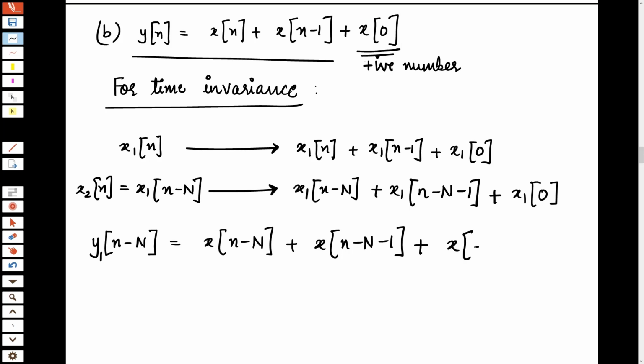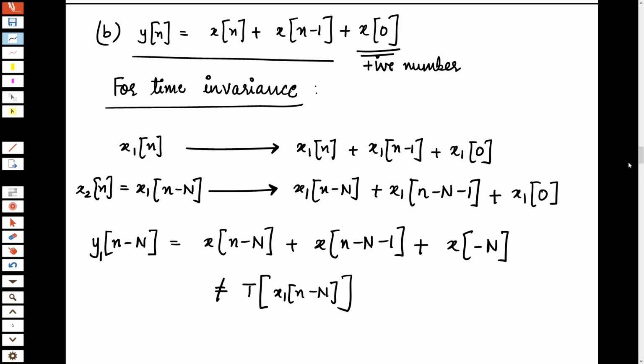So this would have become x[0-N], which is not equal to the output of the system that you would have gotten for x2. So these two are not equal. Okay, so it is not time invariant.